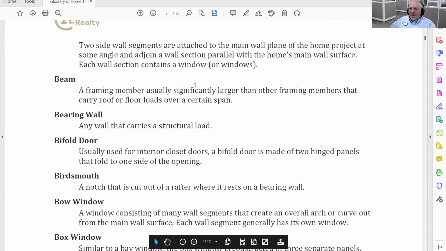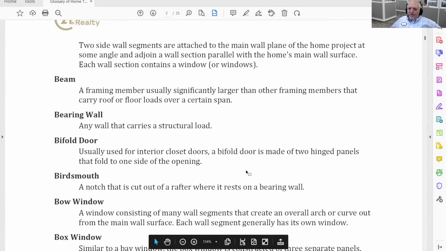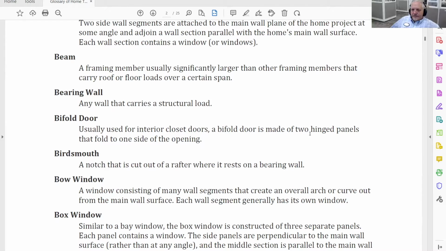Everybody should understand kind of what a beam is. Does anybody know the difference between a bearing wall and a non-bearing wall? A load-bearing wall significantly supports the weight of the house or the structure. Non-load-bearing doesn't. You can easily remove it. There you go.